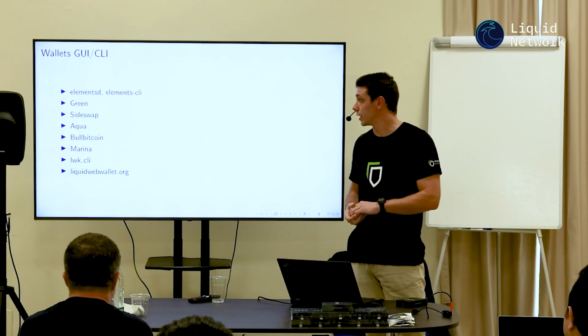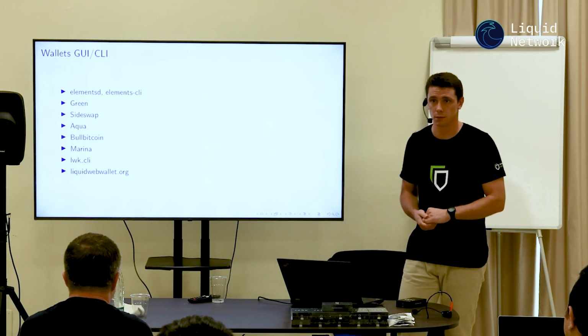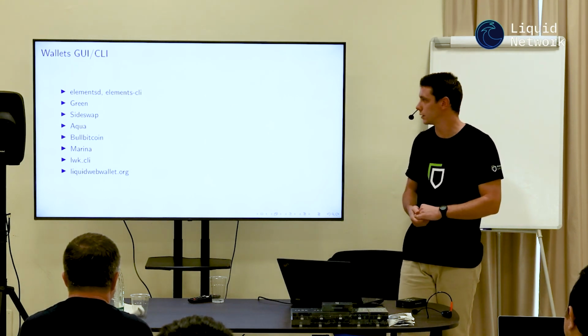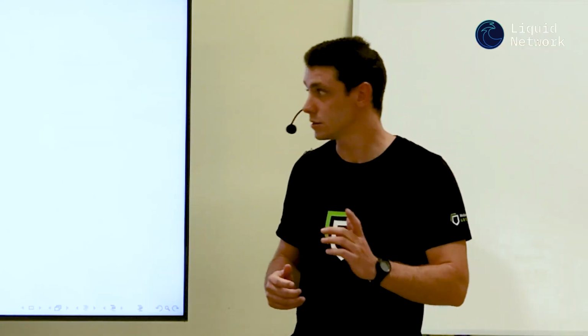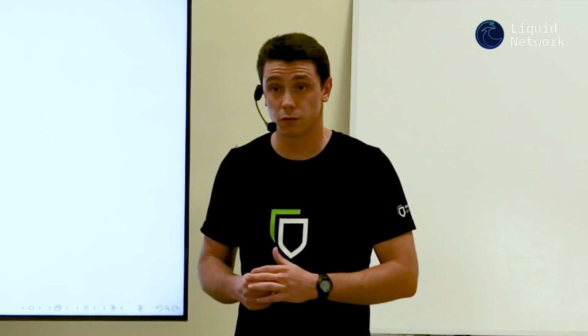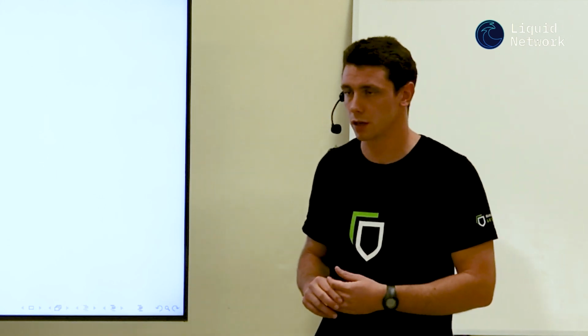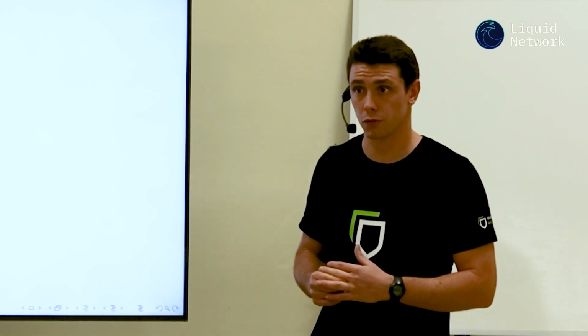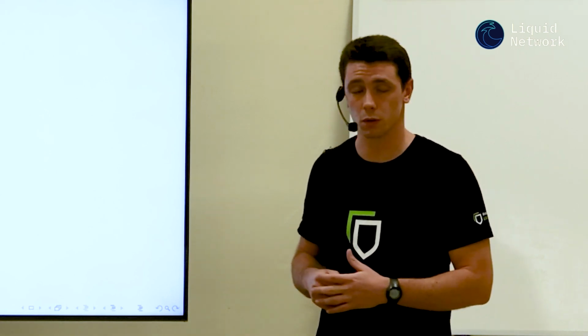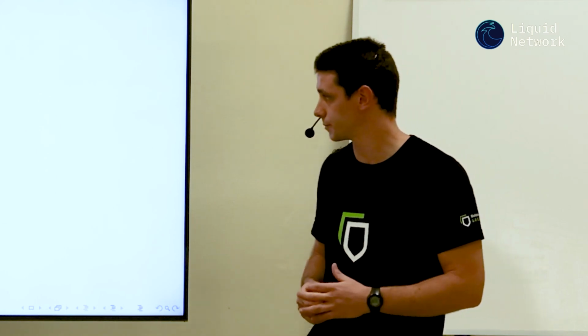Then we have LWK CLI, which is a command line tool based on the LWK library. It's a fully fledged wallet, and it can be used to do a wide variety of things. During the next session, we will see some of those.